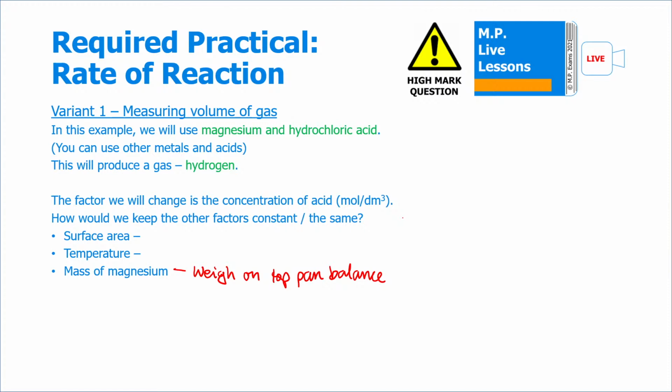With the surface area, you have to keep it the same. For example, use only a strip of magnesium or a powder.